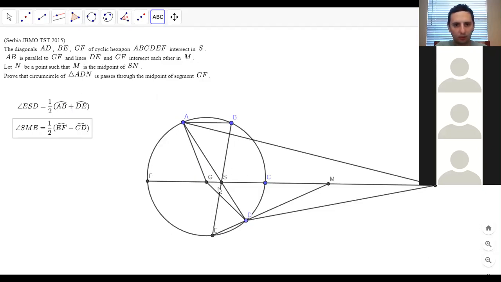Let's see. So that's half of the sum of those two, and this is half of that minus that. So BE plus CD is CE.